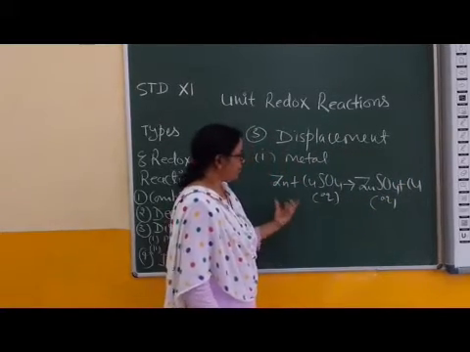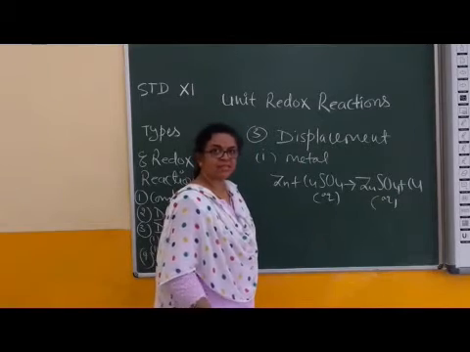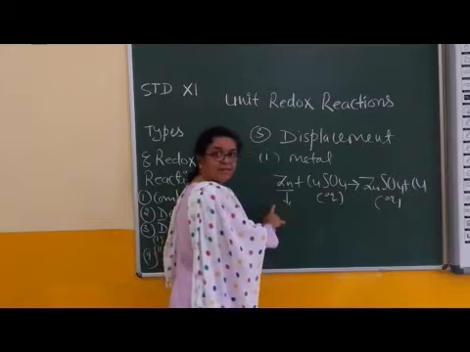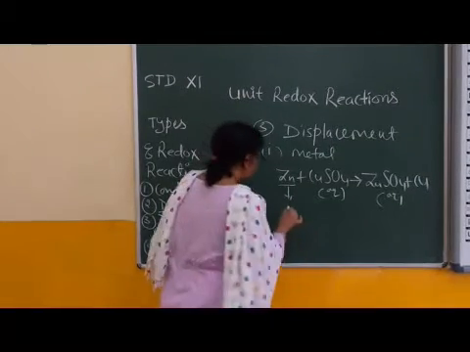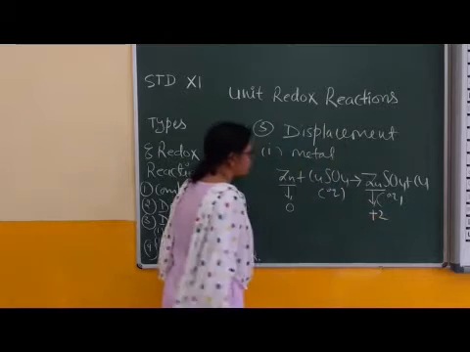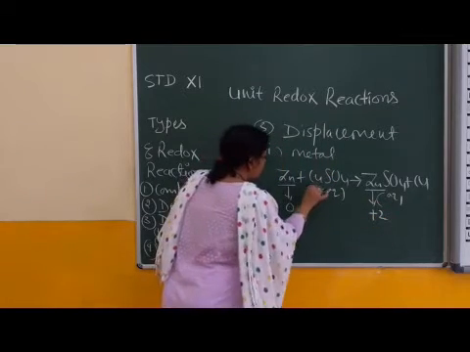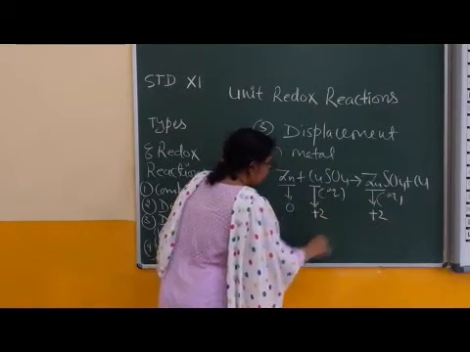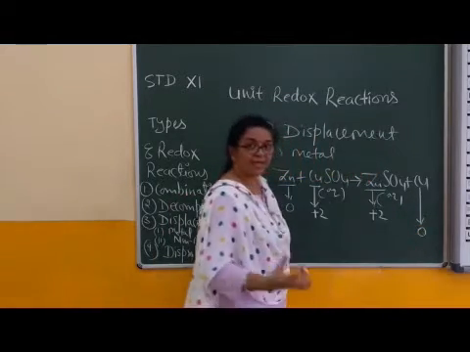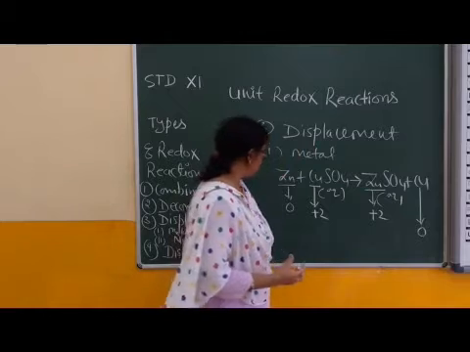On the basis of electron exchange, decrease and increase in oxidation number: this is elemental form, 0. In combined form, zinc oxidation number is +2. Copper in combined form, oxidation number is +2. Here oxidation number is 0. Elemental or uncombined form is 0.